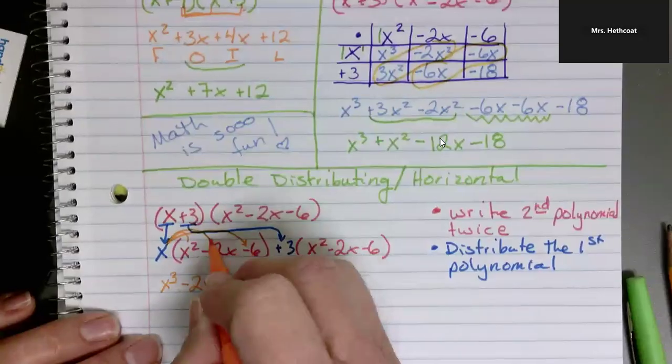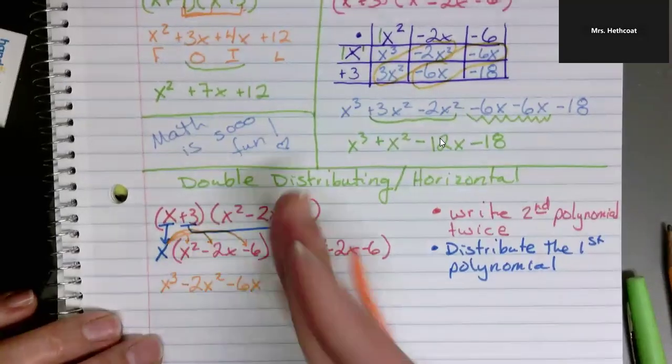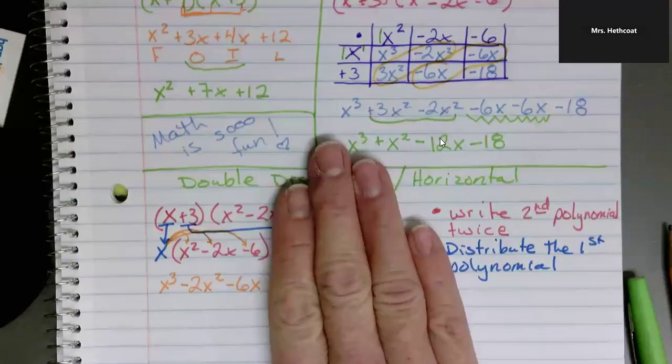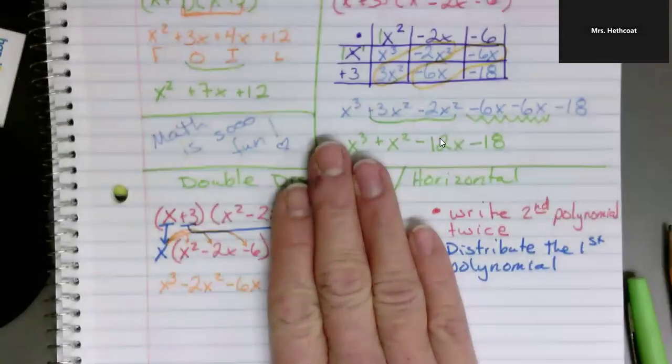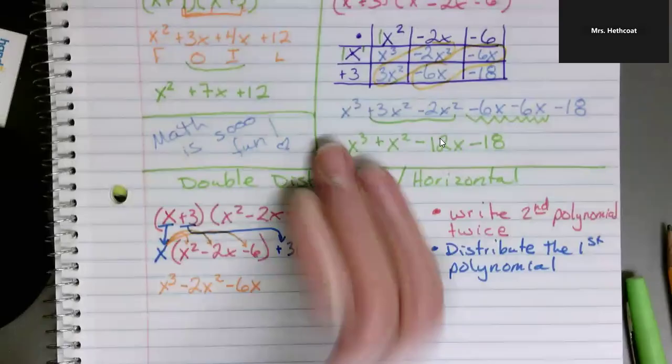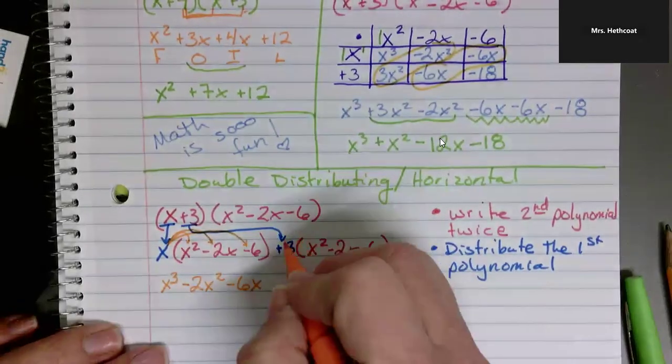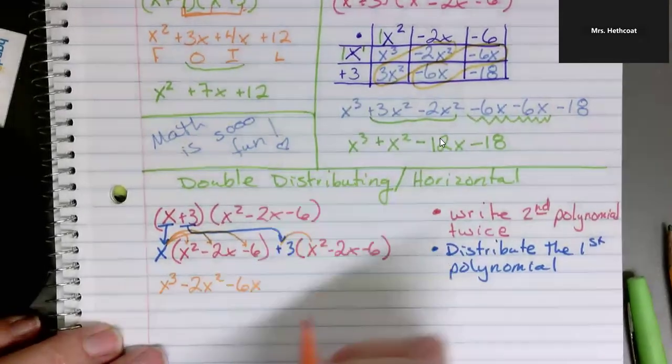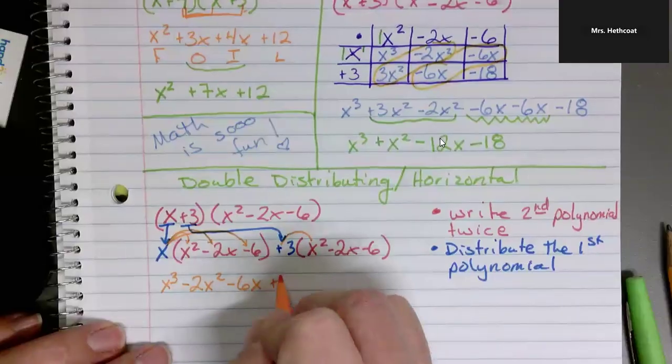And now I am done with that half of our multiplication problem, right? And now I'm going to do the second part. So now we've got plus 3 times x squared, so plus 3x squared.